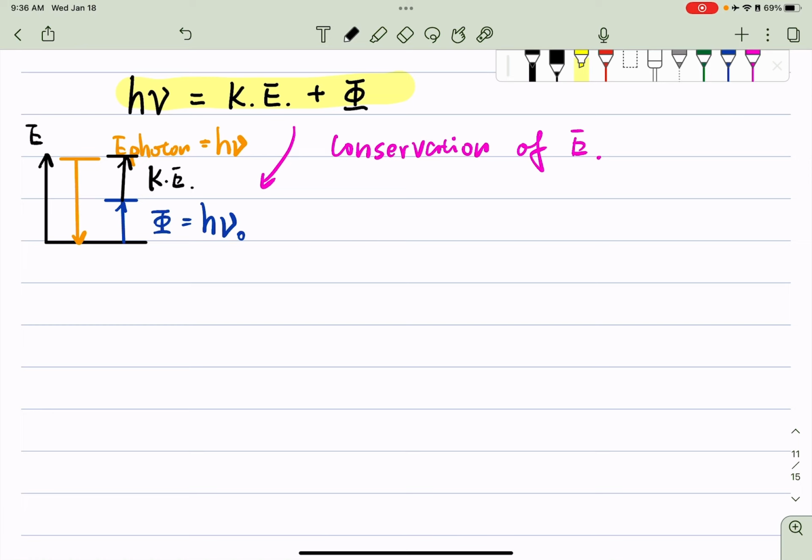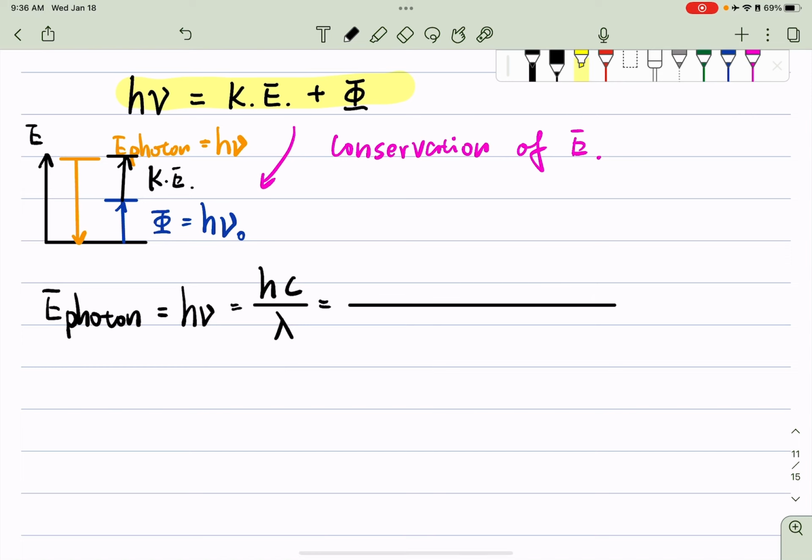We can do the calculations together here. So E photon equals h nu, but we only have the wavelength here, so we need to convert it using the speed of light over wavelength.